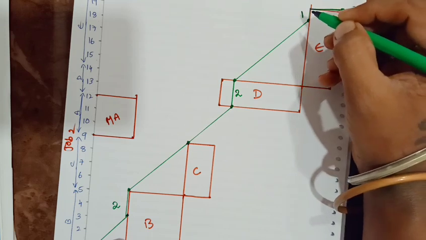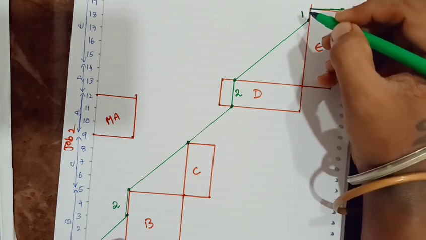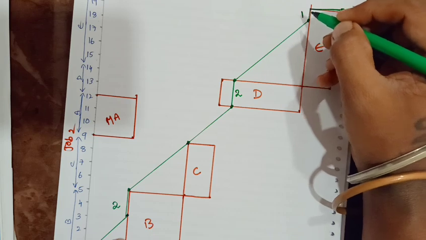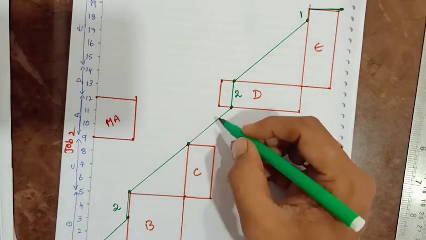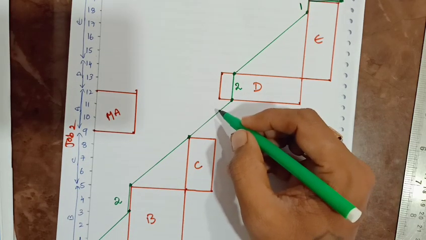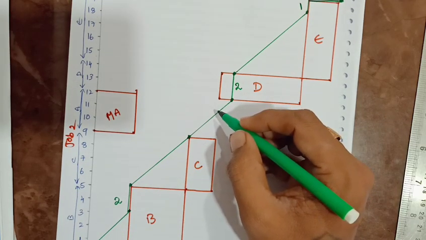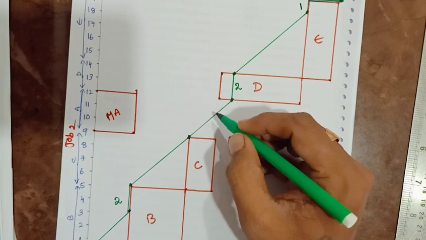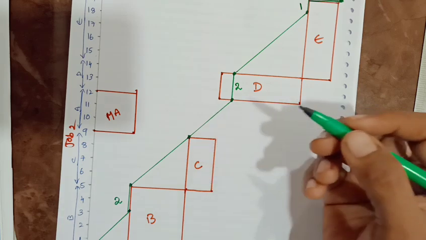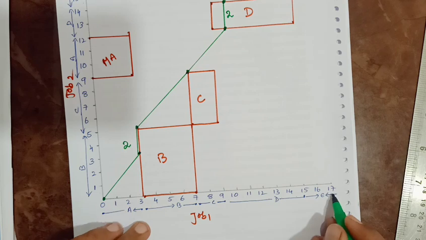Job 1 idle time. So for job 1 the idle time will be 5 hours. So total time will be processing time plus idle time.